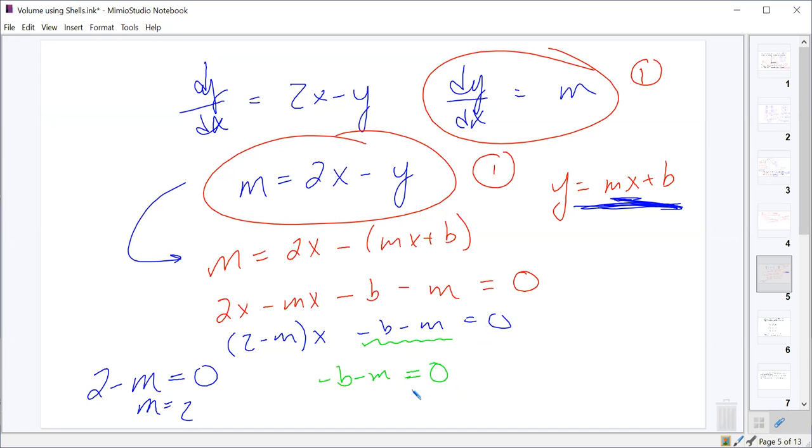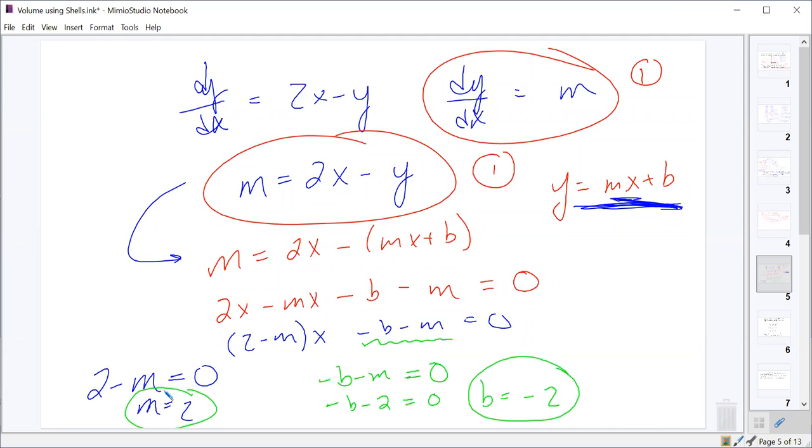Right? I need m to be 2 and I need negative b minus m to equal 0. So negative b minus 2 needs to equal 0, which tells me that b needs to be negative 2. So if we have m equals 2 and b equals negative 2, that ought to be a solution to this differential equation.